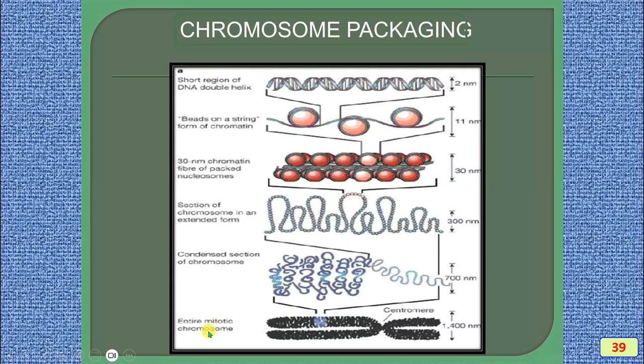So the entire mitotic chromosome can be seen here, and it is about 1400 nanometers, a long structure, whereas the short region of the DNA helix is 2 nanometers. And the section of chromosomes in extended form is 300 nanometers.